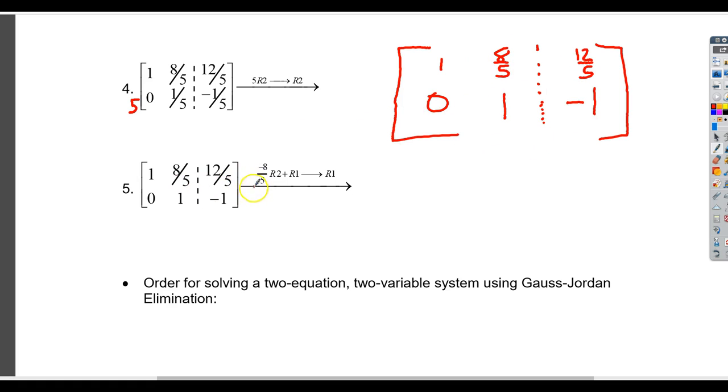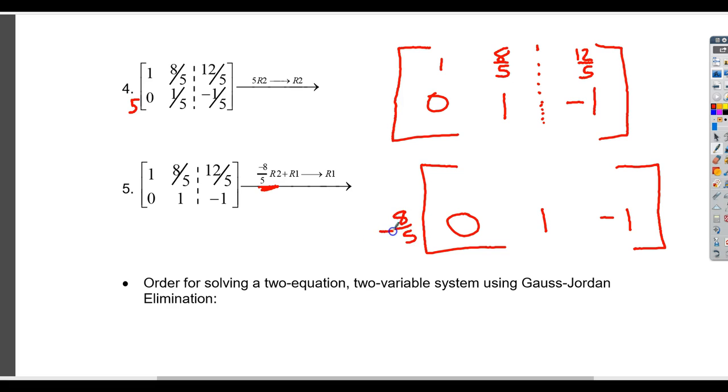Alright, the next one says to multiply row 2 by negative 8/5 and add it to row 1. So we're going to leave row 2 alone. We're going to multiply it by negative 8/5 and add it to row 1.